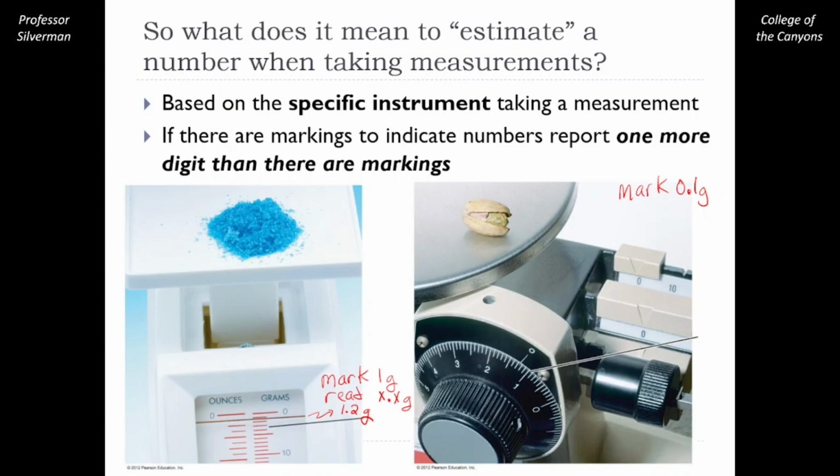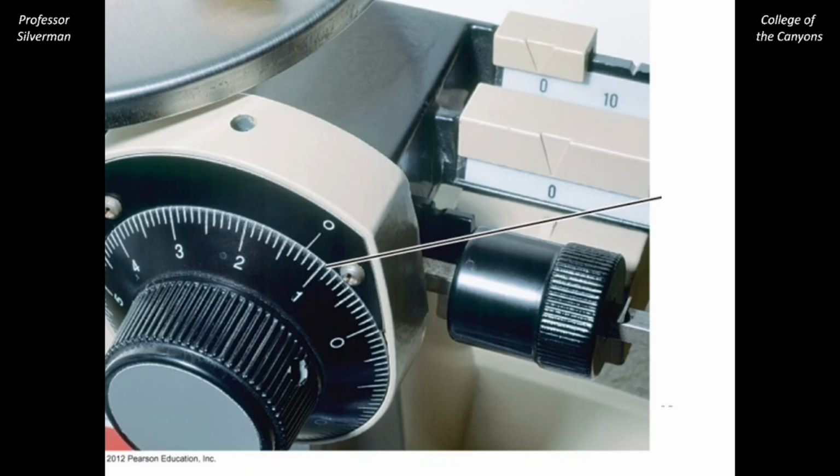We can make our measurement to 1 extra decimal place, something point something something grams. Let's zoom in for a second and see if we can get a good measurement. Looks like our marking is in between 1.2 and 1.3. So maybe we read this as 1.25 or 1.26.